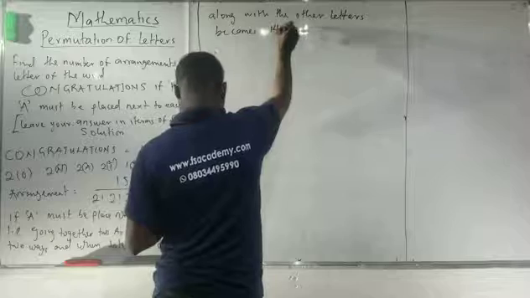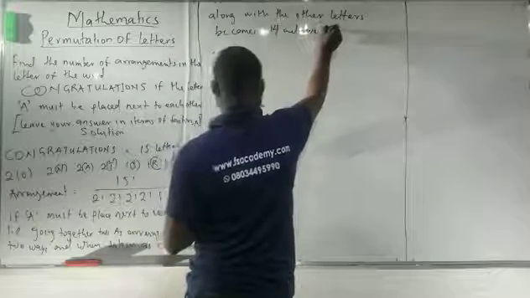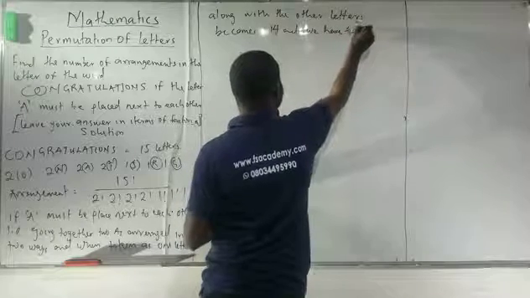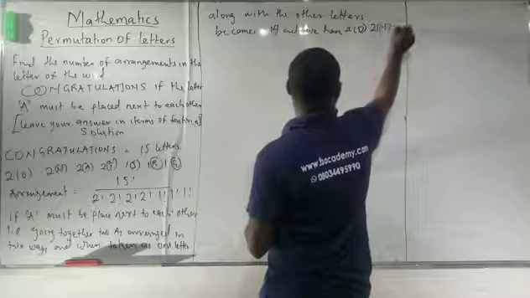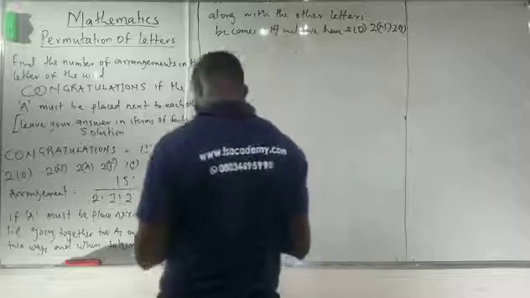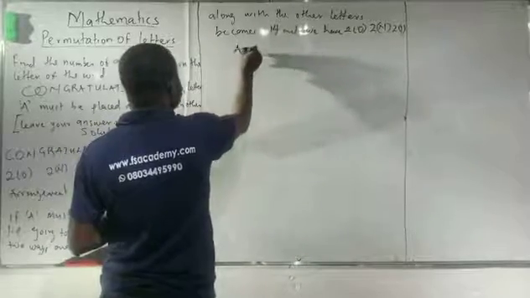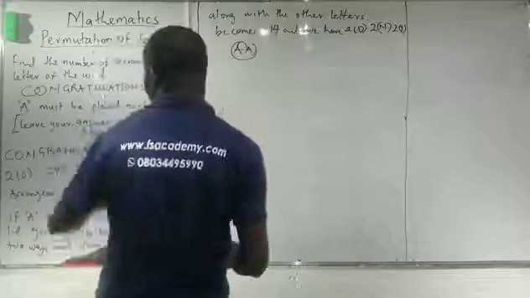14, and we have 2 O's, 2 N's, 2 T's. Now, it means if I have A, A will be taken away.